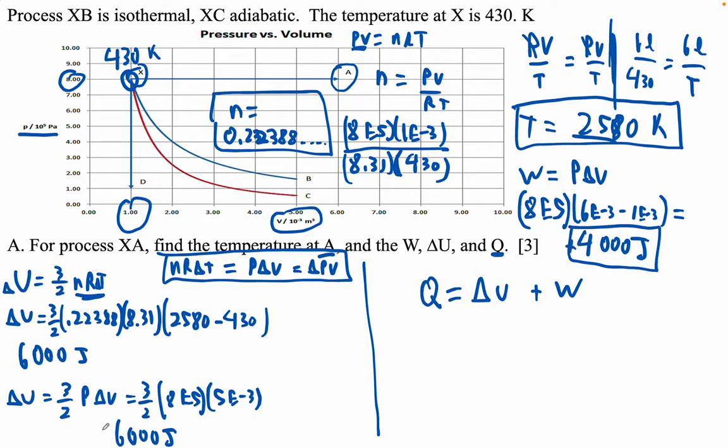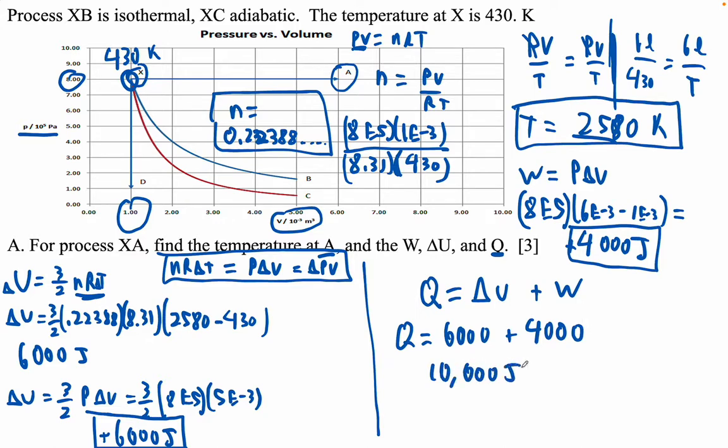Since this thing is increasing in temperature, that's positive change in internal energy. So Q is equal to delta U, which is 6,000, plus the work, which is 4,000. That's going to cost you 10,000 joules, right?